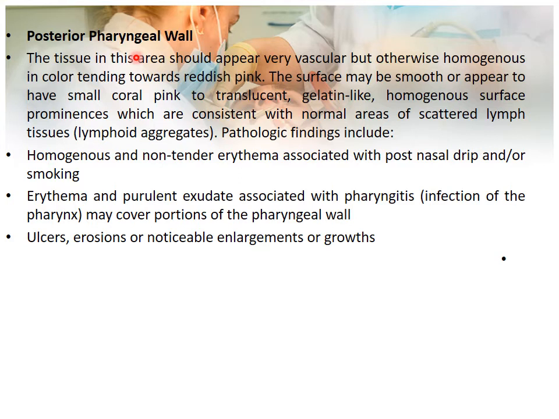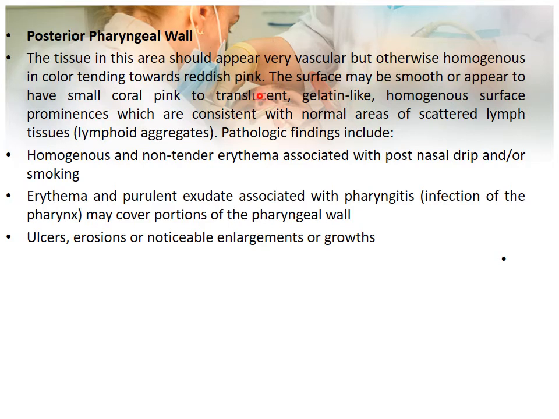Here the surface may be smooth, and may have a small cobblestone, gelatin-like homogeneous surface, which is consistent with the normal appearance of scattered lymph node tissue or lymphoid aggregates. The pathological findings include homogeneous or non-tender erythema associated with a post-nasal drip.